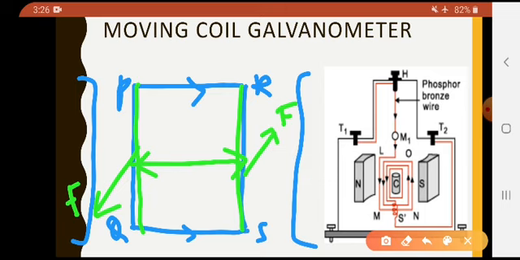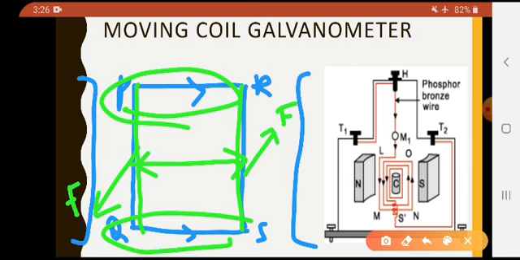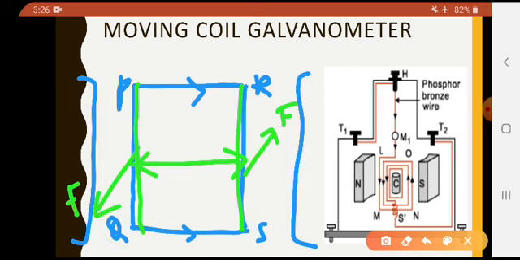The PQRS limbs will always remain perpendicular to the plane of the coil. As the sides PR and QS are parallel to the field, no force acts on these two sides.